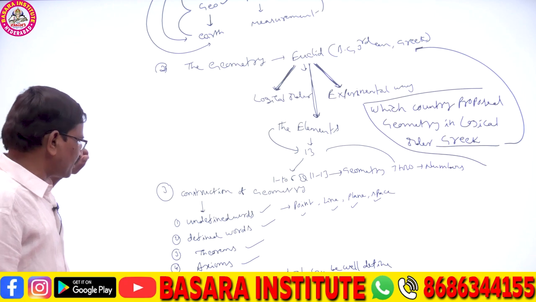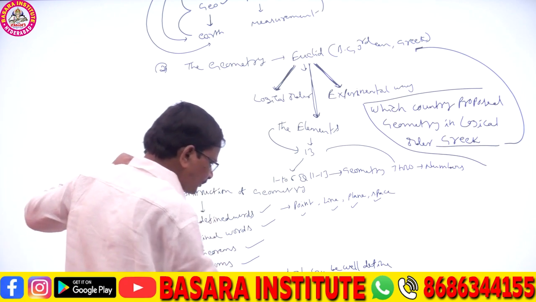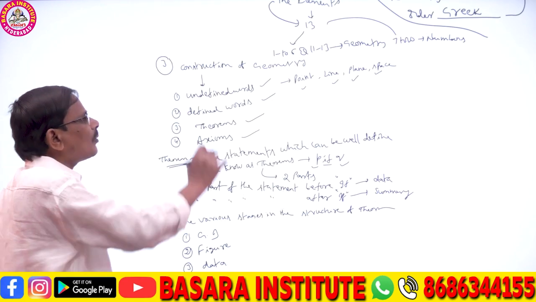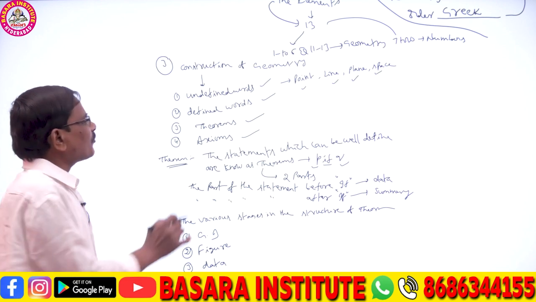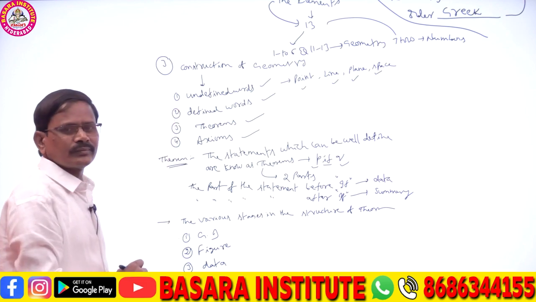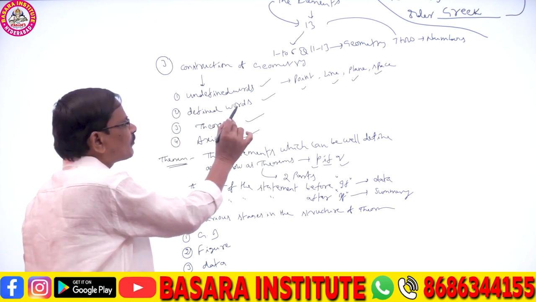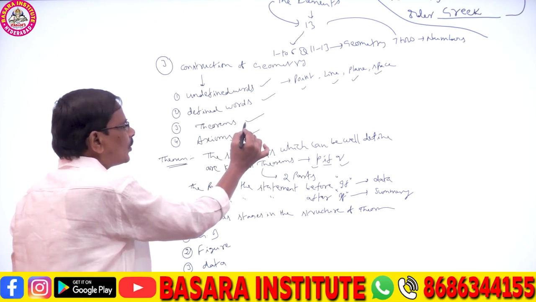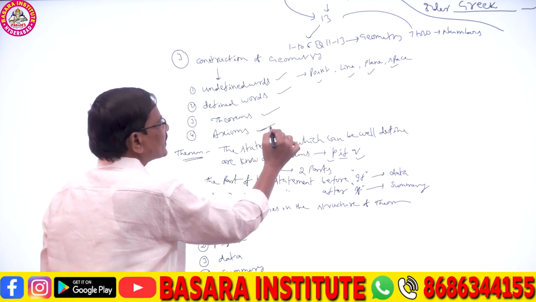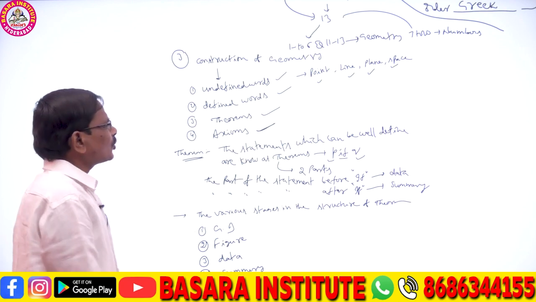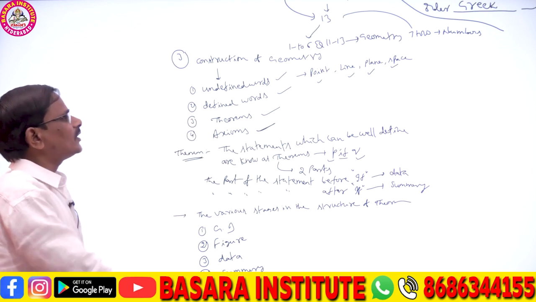And the third concept: to construct this geometry, there are a few main stages. The first one is undefined words, the second one is defined words, the third one is theorems, and the last one is axioms. So what are the undefined words in our geometry?